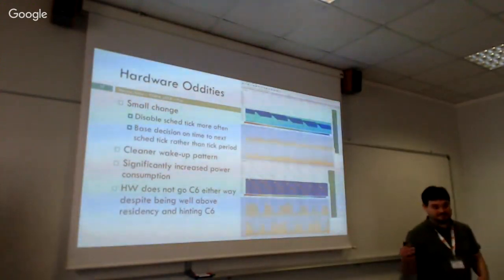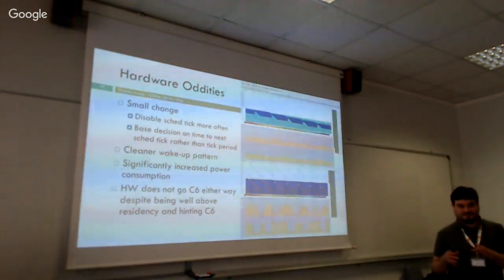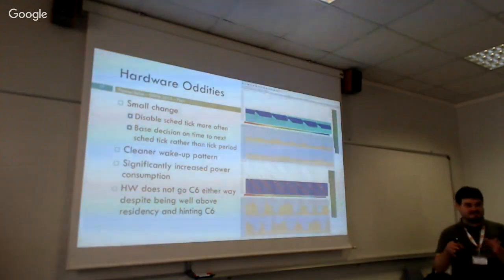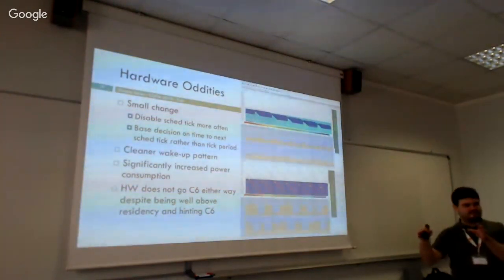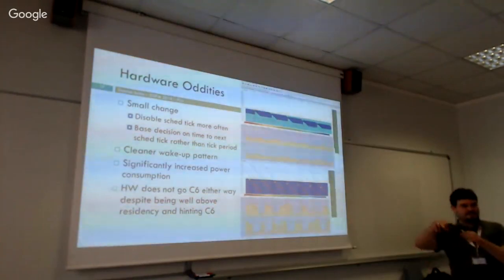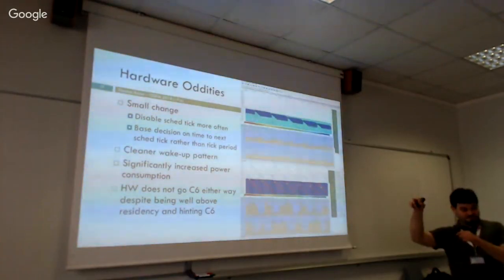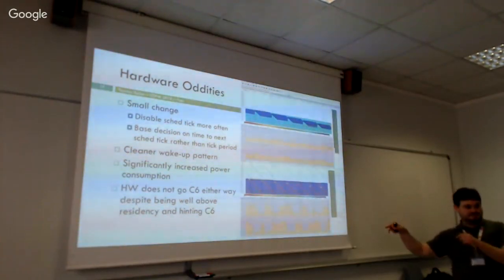So I have a bonus slide really quickly. What we observed is that the residency time is 800 microseconds. You sleep for 800 microseconds, it's fine. At a certain point, you sleep for about a millisecond to 2 milliseconds, and actually the power consumption goes up. Then you sleep even longer, and it goes down again.